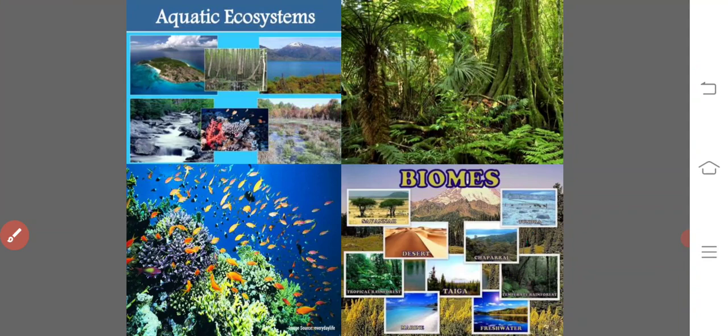So here you can observe different kinds of ecosystems, aquatic as well as terrestrial, within the aquatic, freshwater as well as marine water and so on.